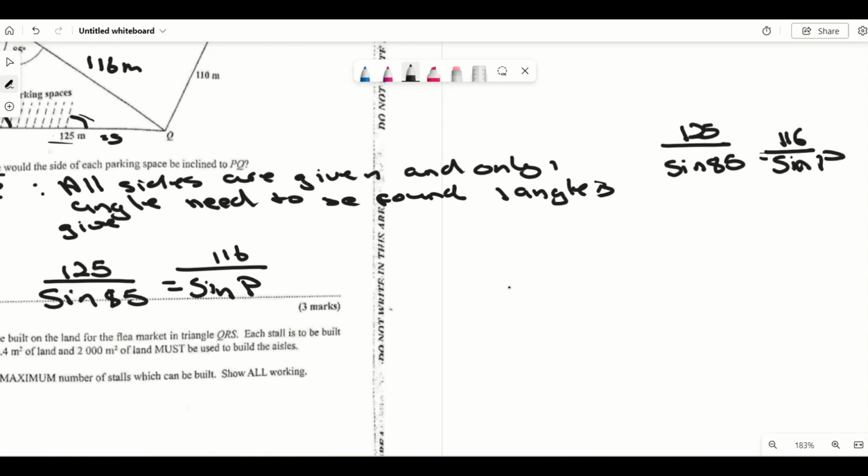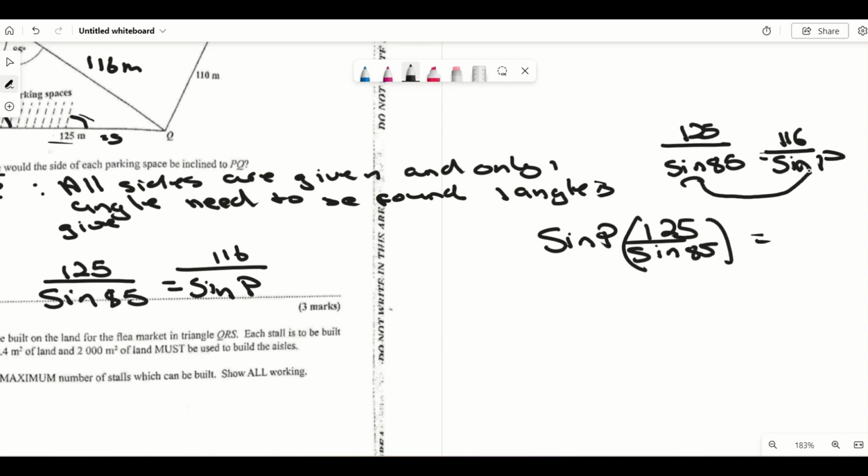Alright, the first thing we're going to do is make sine P the subject. So you carry across, divide by sine P, so you're going to get multiply by sine P, open bracket, 125 over sine 85. Don't find out these values just yet. You want an exact answer. Then, if we know the relationship between sine P and this is multiplication, you carry this across.